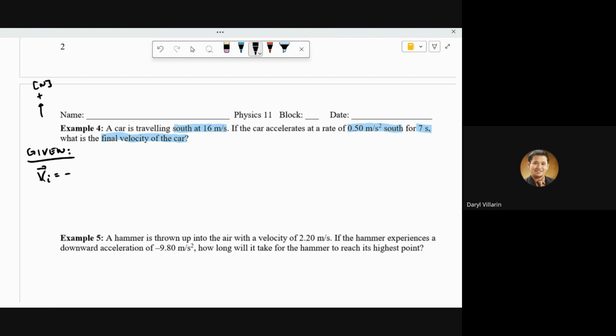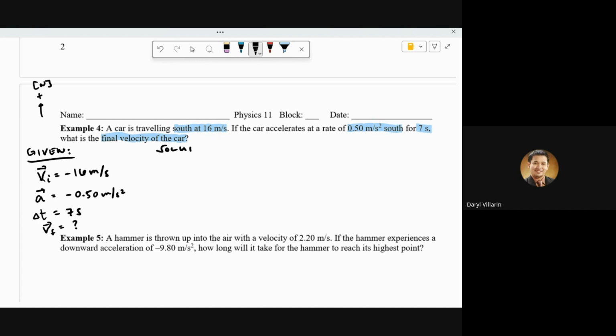It's moving south, so therefore it's negative. So the convention that I'll be using is a negative direction. And then the acceleration is also south, so therefore it's negative 0.50 meters per second squared. And then given the time elapsed, delta t as 7 seconds. And then I'm trying to find the final velocity.